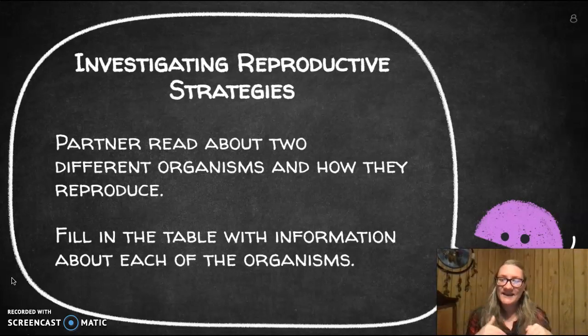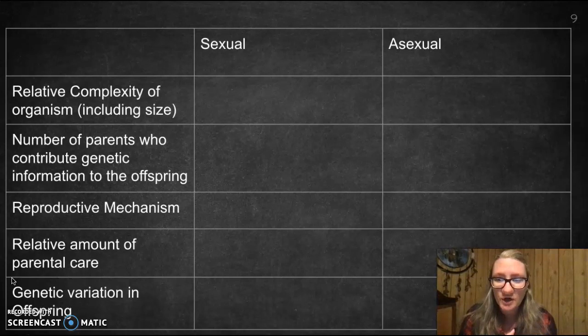If not, in the comments I have included a link to both articles. You can read them both, try to figure out which one reproduces sexually and which one asexually, and then we're going to fill out a chart on each type of reproduction. So this is your chart.